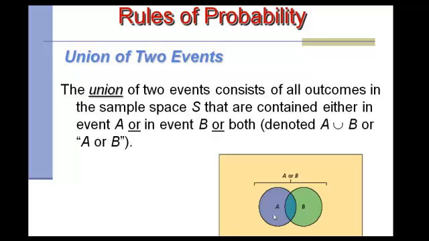Here's event A, and here's event B. When we're talking about the union, we want to know the probability of A occurring or B occurring or both occurring. That would be this area here, and anything outside of it is not A or B. Again, union, A or B.